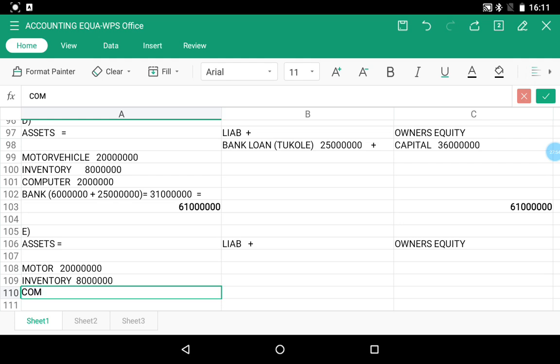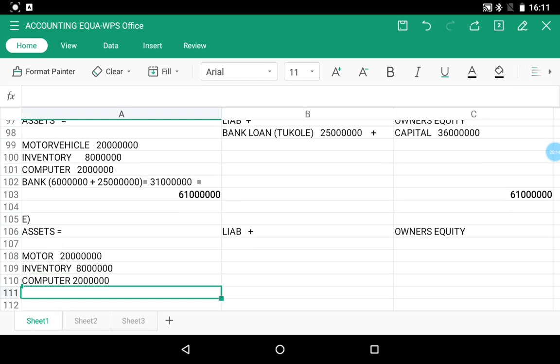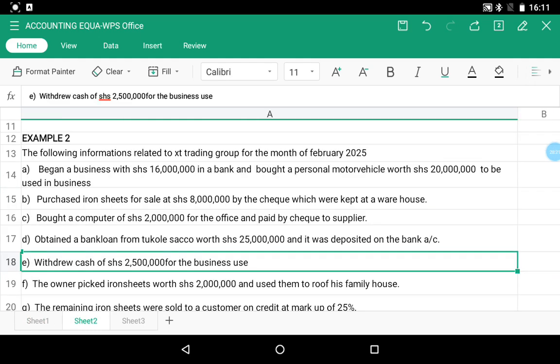Still have our computer $2 million. Then when we come to bank, they said he withdrew cash of shillings 2.5 million for business use.